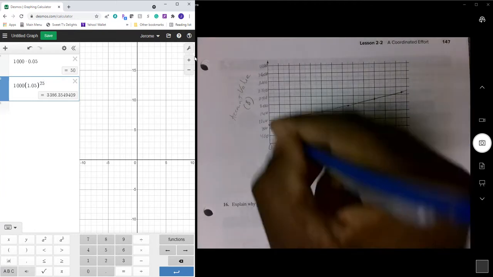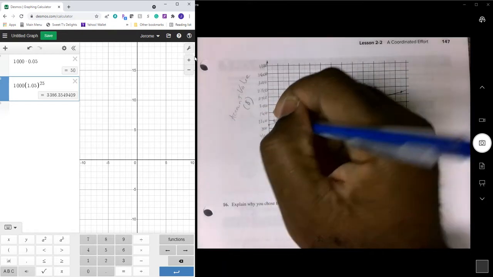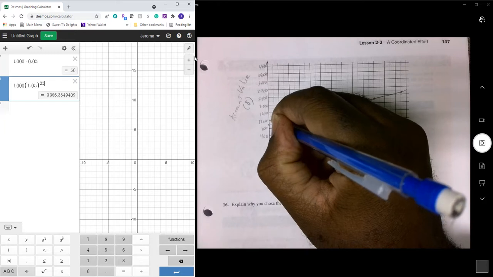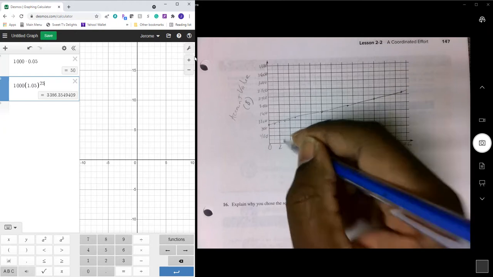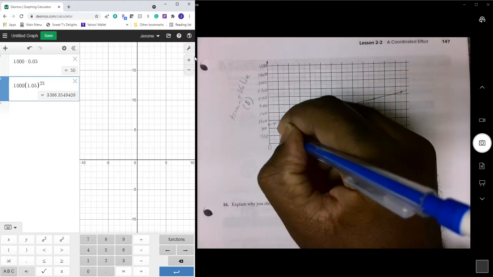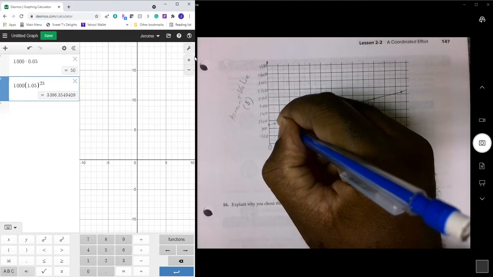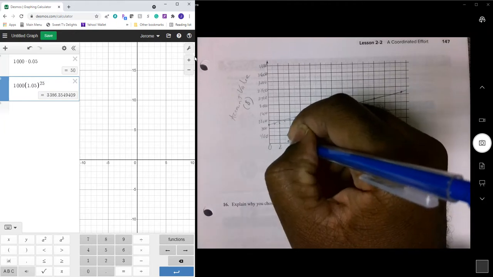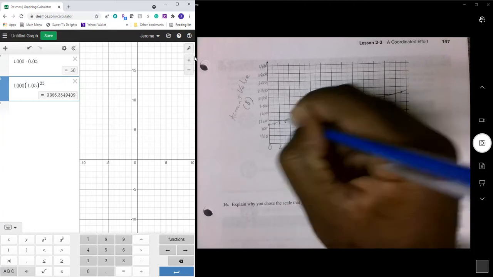Okay, now account 2, we got 0, 1,000. We still will have the same place. And then we will have 1, 1,050, which would be a little bit below here. And then we will have 2, 1,102, a little bit below here. And then we would have 3, 1,157, a little bit below here.